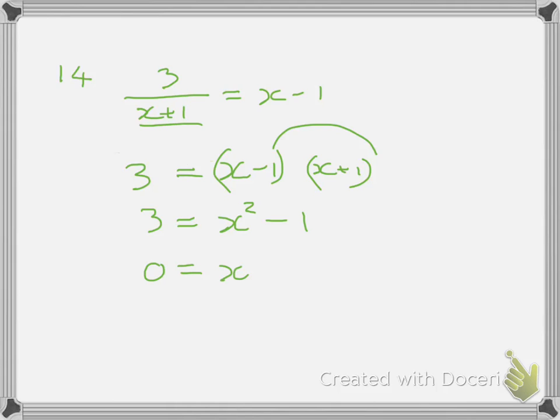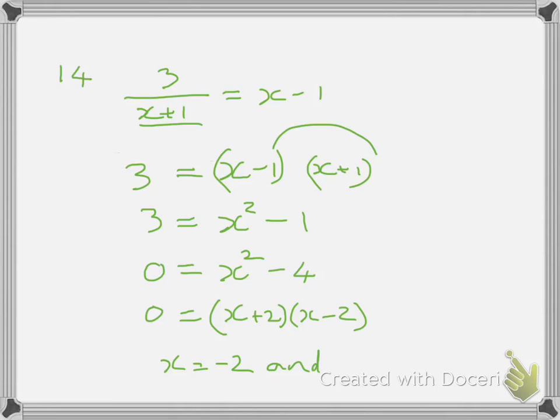And I've got x squared minus 4, another difference of squares. x plus 2, x minus 2, all equals 0. And then the 2 solutions are x equals 2 and x equals -2.